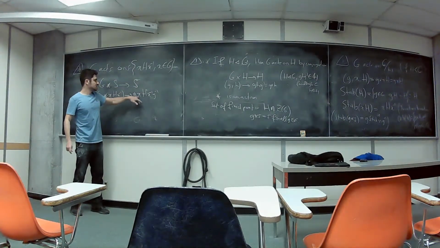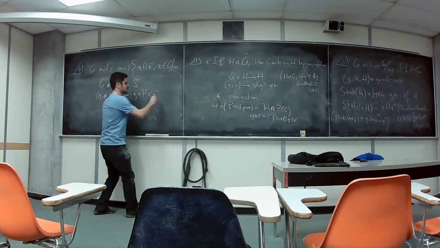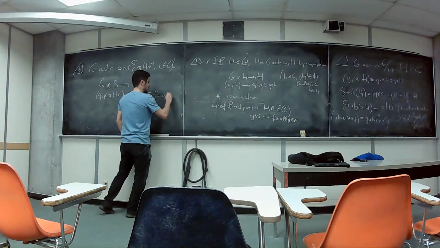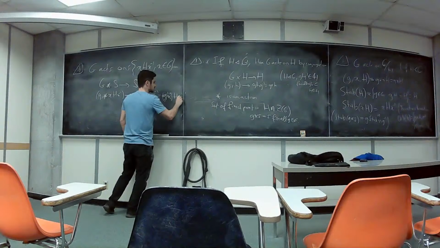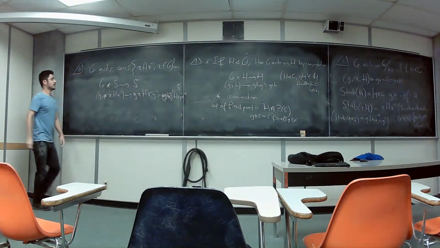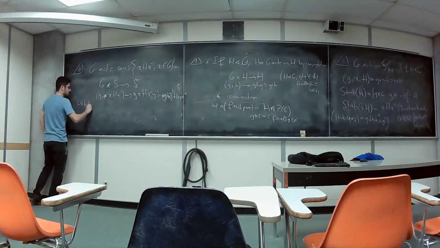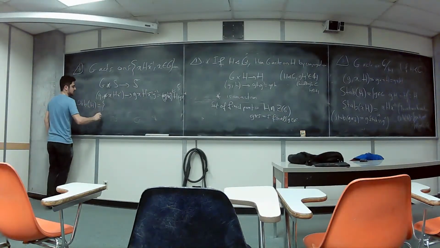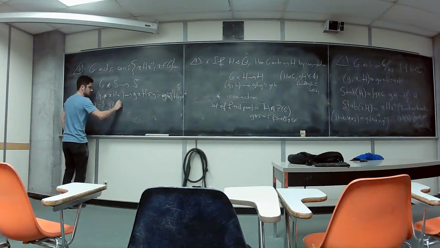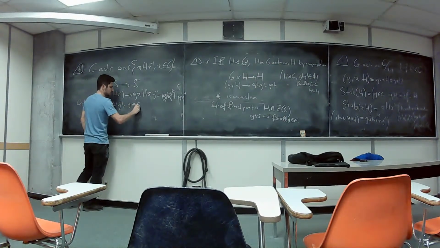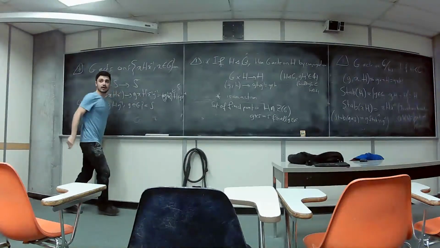It's clear, because this is just gX H (gX) inverse, which belongs to S clearly. What is the orbit of H in this action? It's just S. Agree or not?